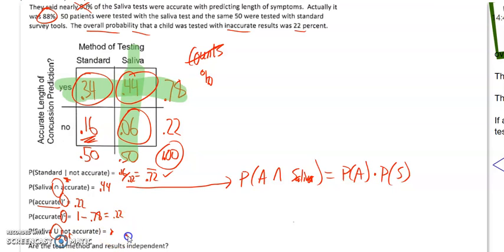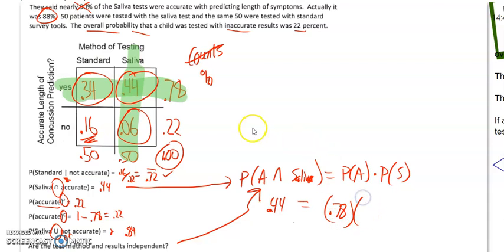Sorry, 0.84. And then, are the test method and results independent of each other? You remembered. We're going to check this formula. The intersection of the two, the 0.44, is it equal to the probability of accurate, 0.78, times the probability of saliva, 0.5.